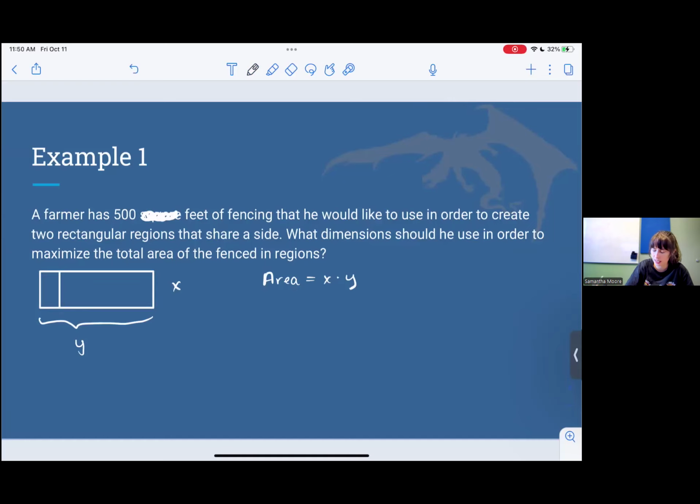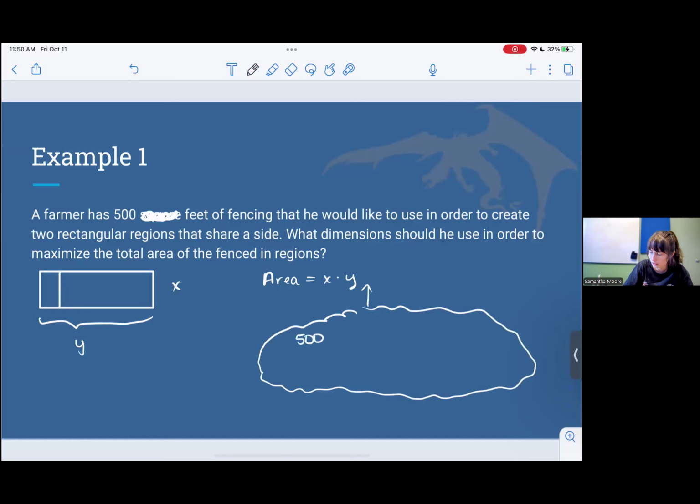So I can translate that into a new equation that I'm going to use to simplify down this area equation. So I know that 500 equals 3x plus 2y.